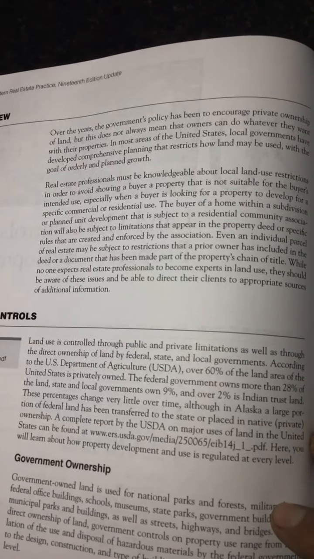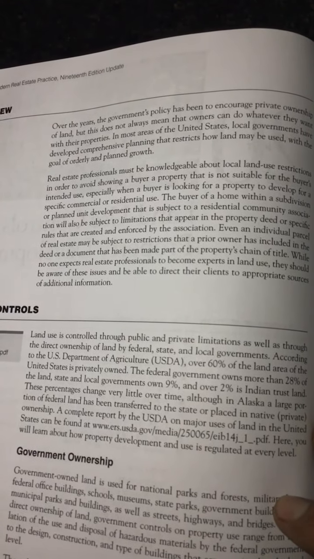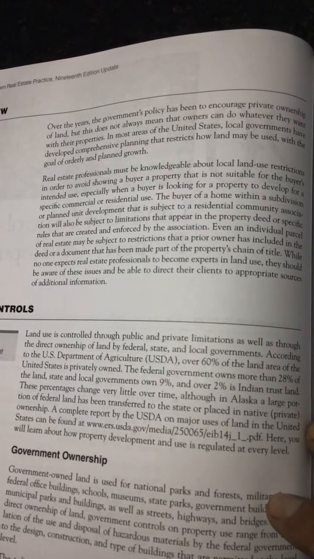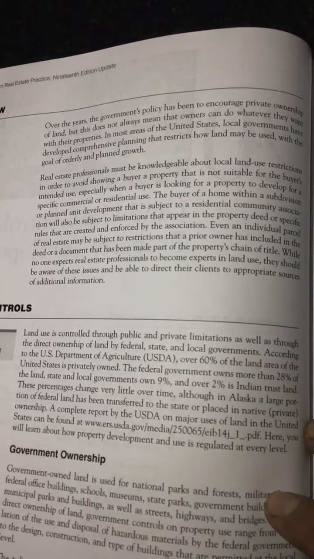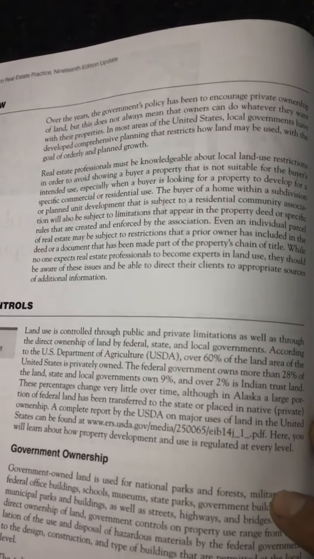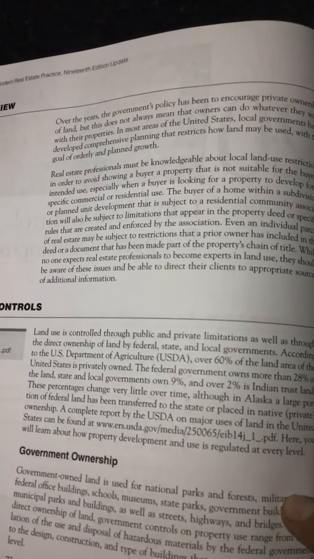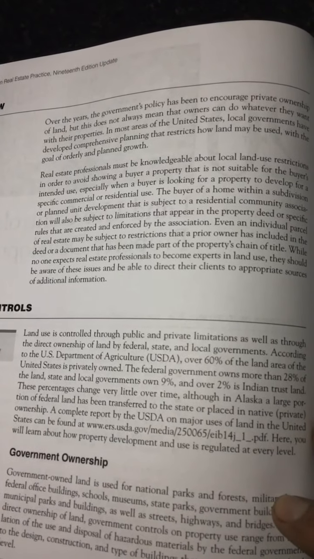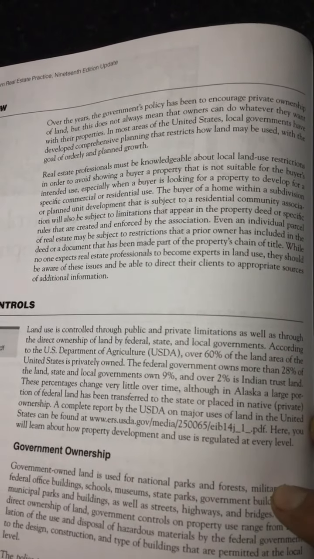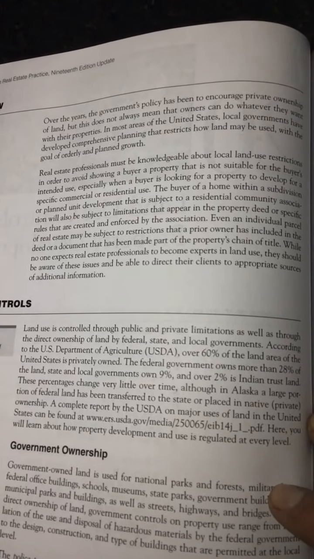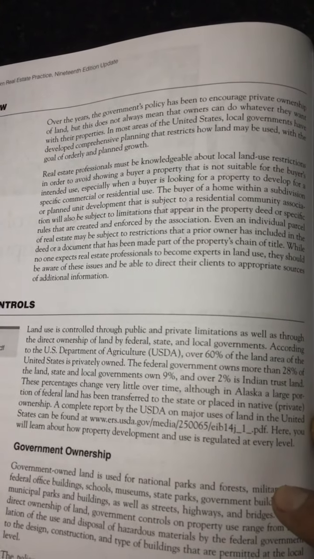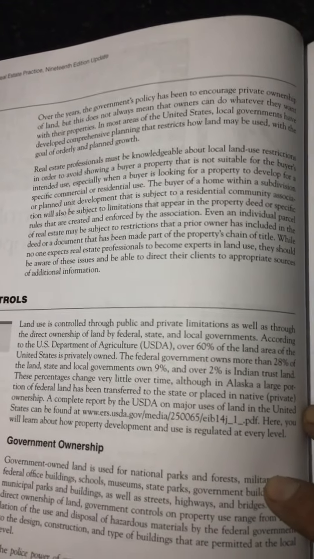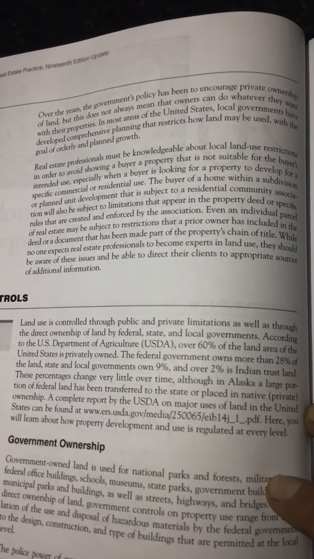Even an individual parcel of real estate may be subject to restrictions that a prior owner has included in the deed or a document that has been made part of the property's chain of title. While no one expects real estate professionals to become experts in land use, they should be aware of these issues and be able to direct their clients to appropriate sources of additional information.